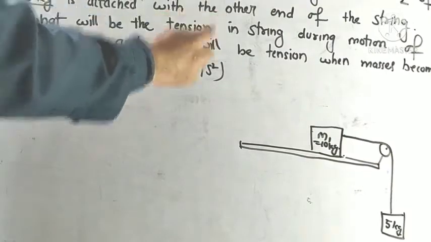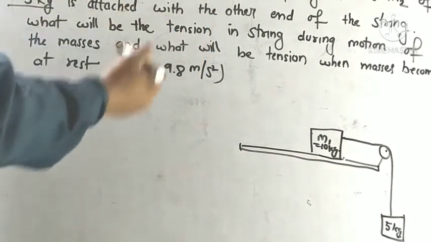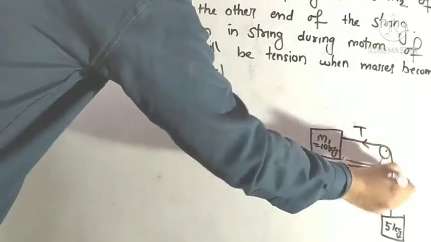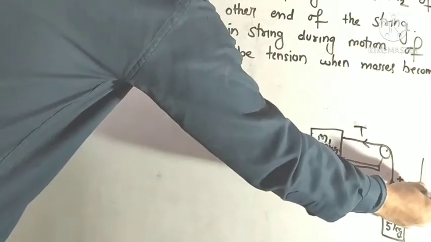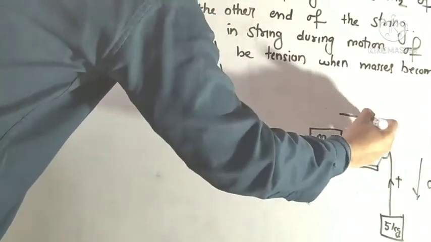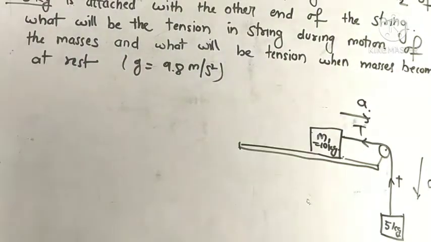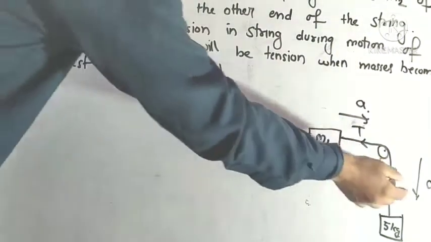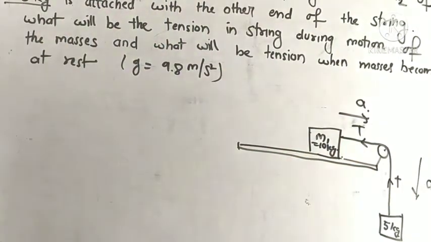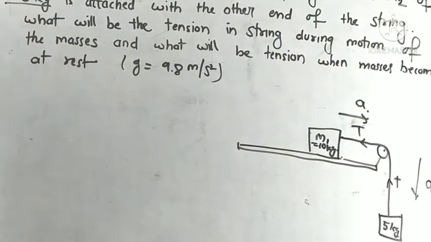What will be the tension in the string during motion of the masses? So now we have to find the tension in the string and the motion along these directions. Here we have to find the acceleration and the tension in this string. I repeat again what we do here.